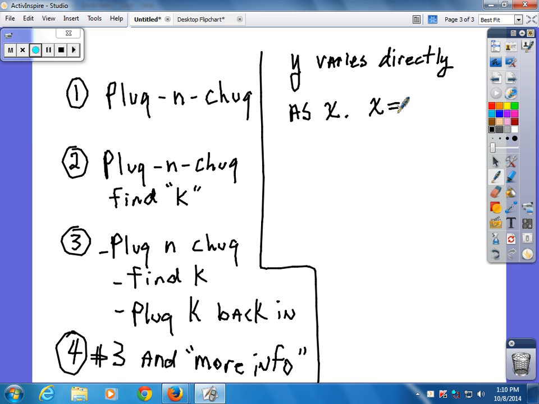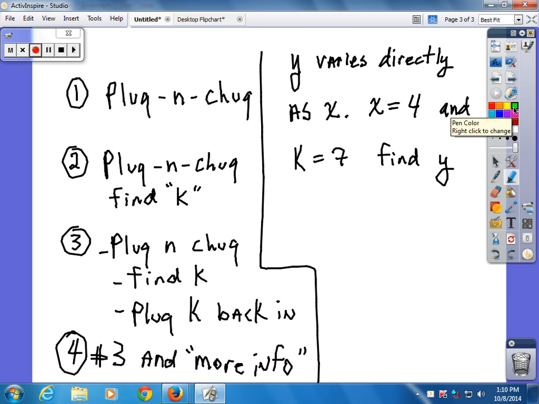x is equal to 4 and k is equal to 7. Find y. All right, so which one are we going to use? Are we going to use y is equal to k times x, y is equal to k over x, or y is equal to kxz? The first one, because it's direct.